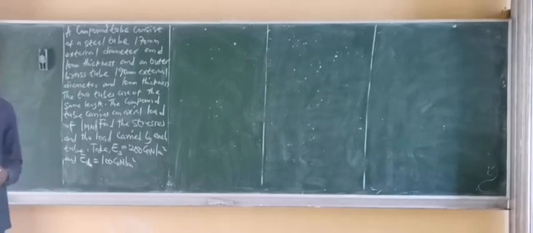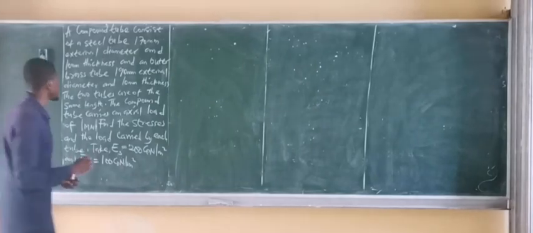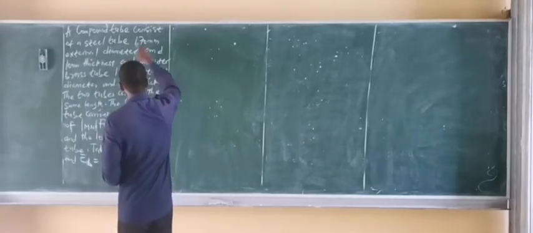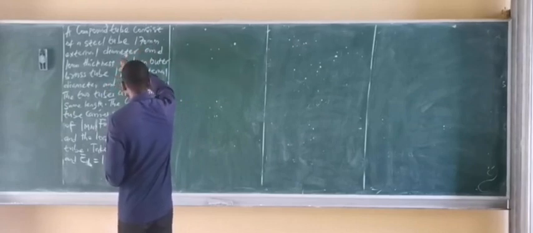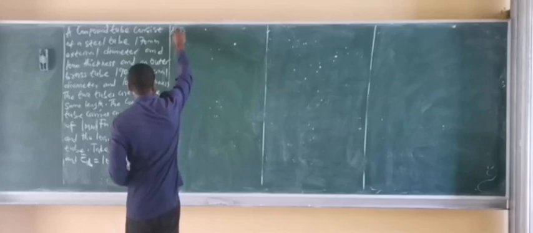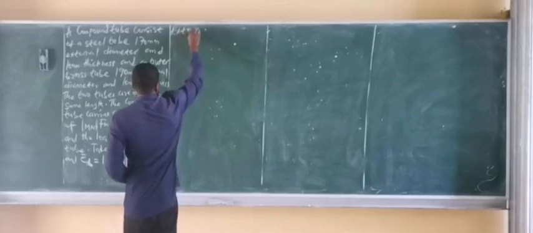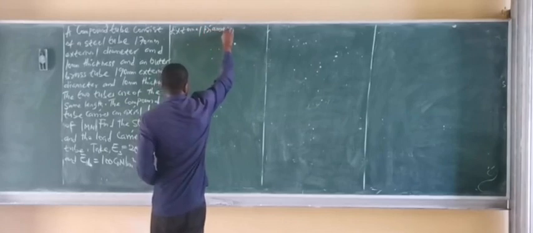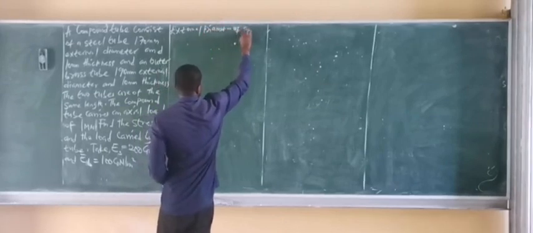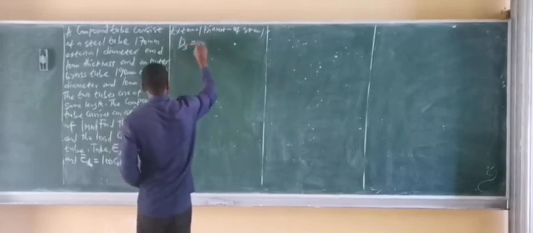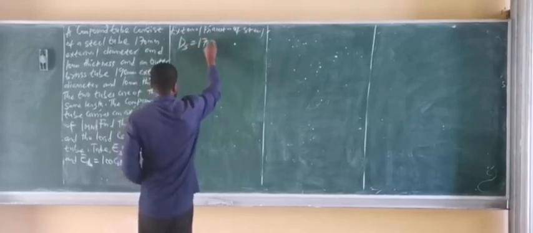Steel and brass. So let's pick out the terms that we need first. First of all, a compound tube consists of a steel tube, 170 millimeter external diameter. So the external diameter of steel tube, capital DS, is 170 millimeter.